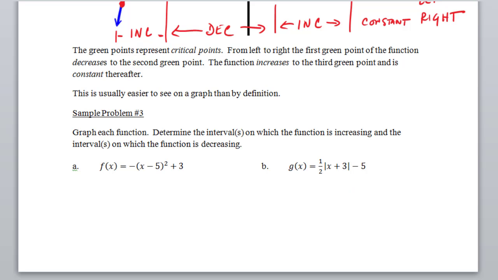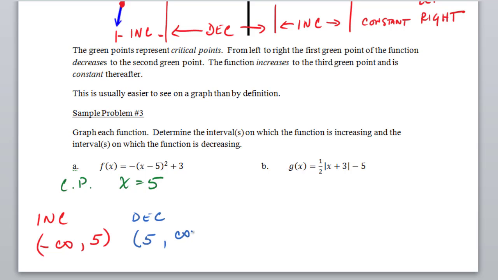So once we recognize that critical point at x equals 5, we can say that this is increasing on an interval of negative infinity to 5, and of course we don't include those values, and it's decreasing from 5 to positive infinity. And so that would be the two intervals at which this value is increasing and decreasing.